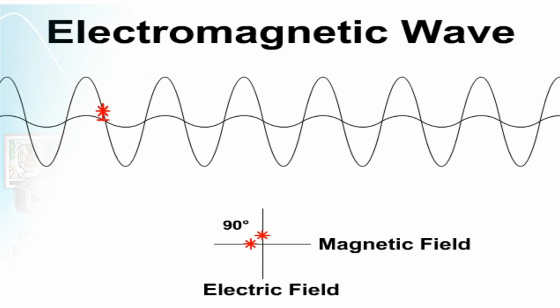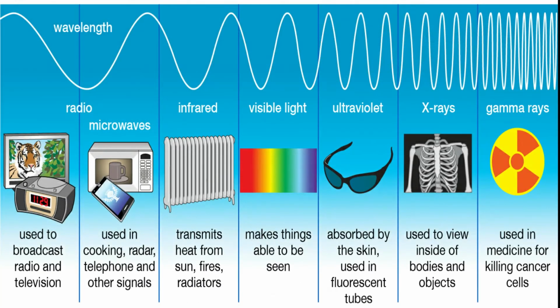All these electromagnetic waves have real-life applications that are extremely useful for us. Radio waves, for example, transmit easily through air and are used for communication such as radio and television. Microwaves are used for heating food and for satellite communication.